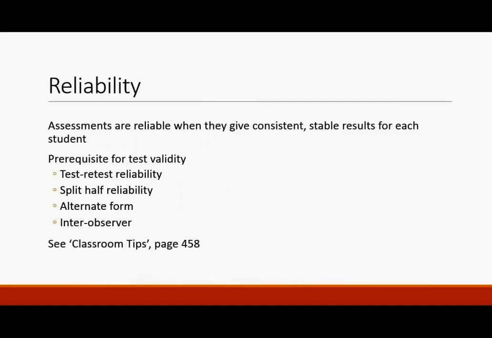If you were to take the test again, maybe a while later, you should have a similar score. Split half reliability just refers to basically if I gave you the odd numbers of a test, you should get about the same grade as if I gave you the even numbers of a test. An alternate form of a test can work.